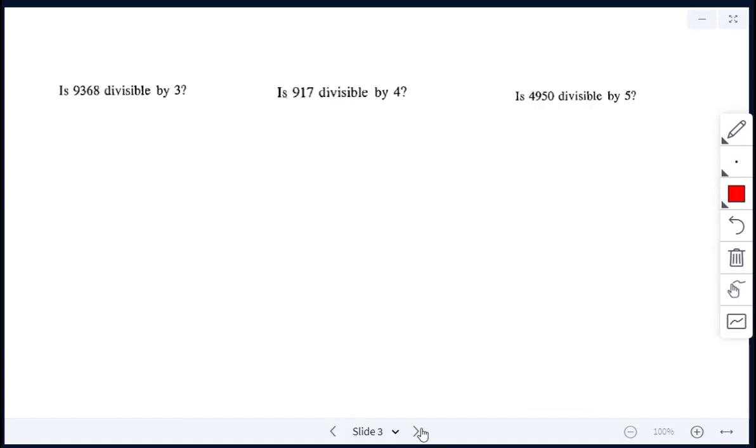So let's add that up. We have 9 plus 3 plus 6 plus 8, and that gives me 26. Is 26 able to divide by 3 evenly? No, it isn't, so we would say no.